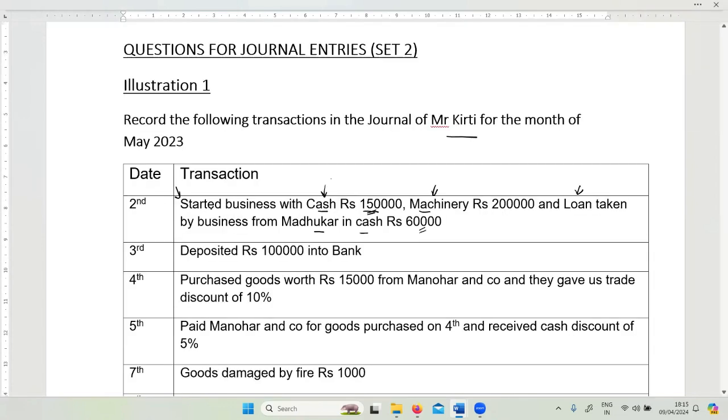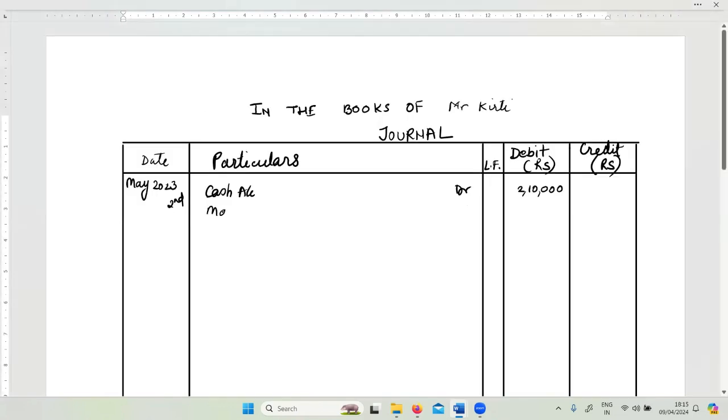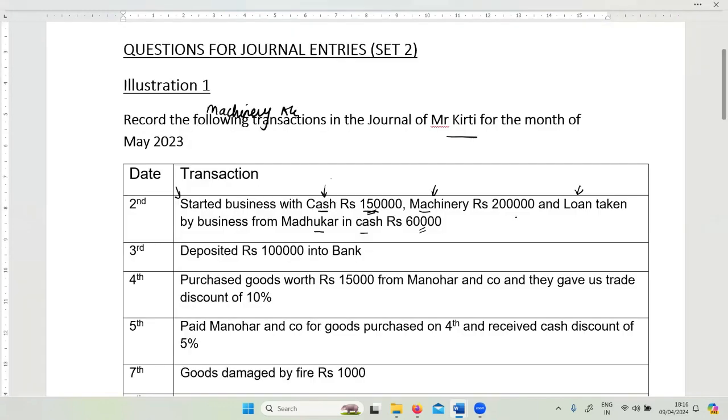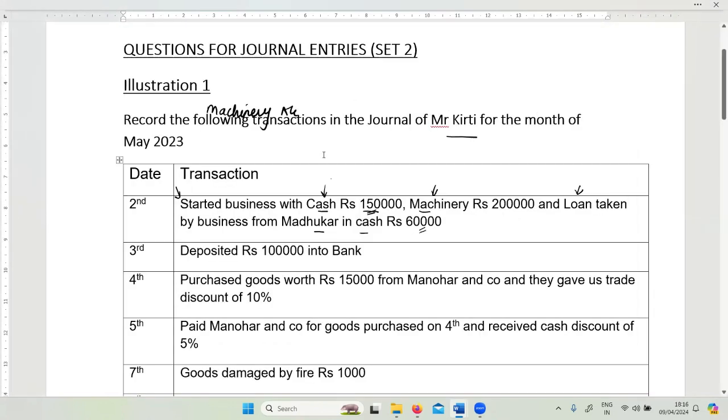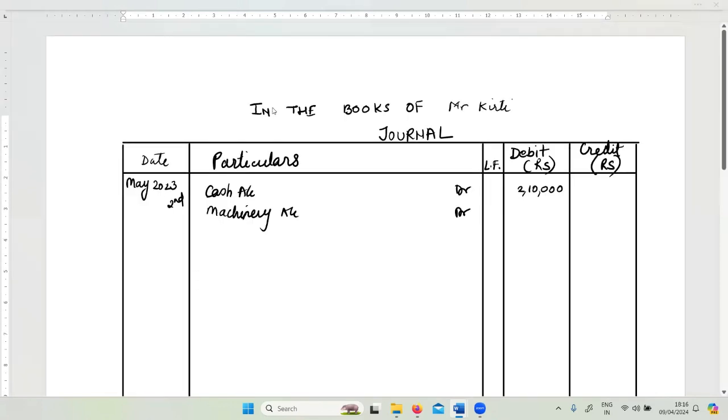Then what is brought in is machinery. So machinery account debit, amount is 2 lakh rupees. So I'm putting here 2 lakh rupees.